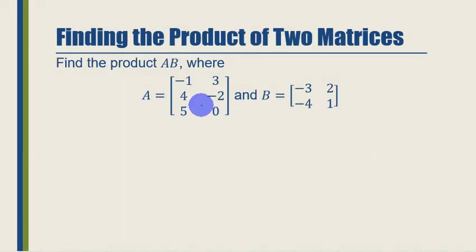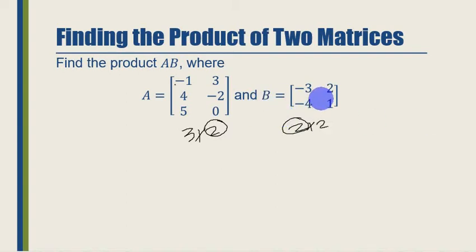We're asked to find the product of AB, where A is given by this matrix and B is given by this matrix. Now, we know that A is a 3 by 2 matrix and B is a 2 by 2 matrix. So, the number of columns of the first matrix is equal to the number of rows of the second matrix. Hence, we can multiply the two together.